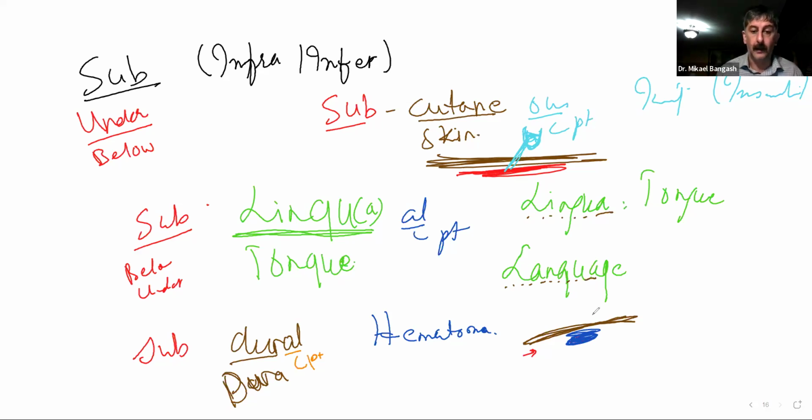Why do they call it a subdural hematoma? Because it develops underneath the dura.